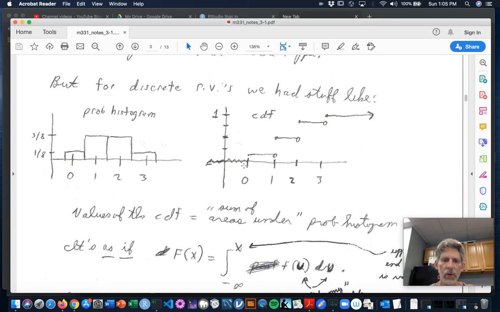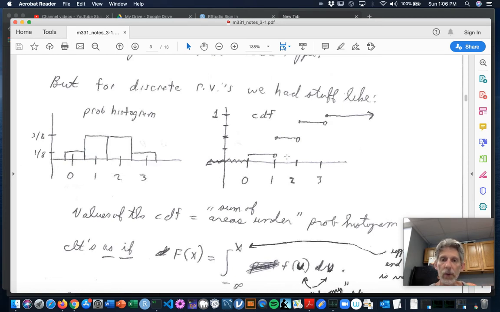It stayed constant for a while, but as soon as you got to one of the possible values of the random variable, it jumped up. And it jumped up by an amount equal to this little area here, 1/8 times 1. Then it stayed constant again until you got to another possible value, and then it jumped up by 3/8, the area of the rectangle over 1.